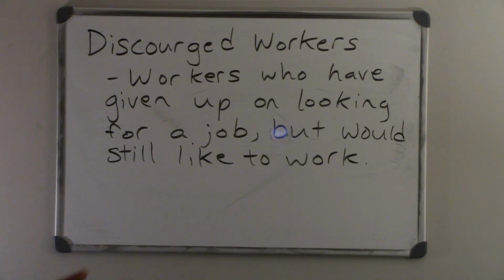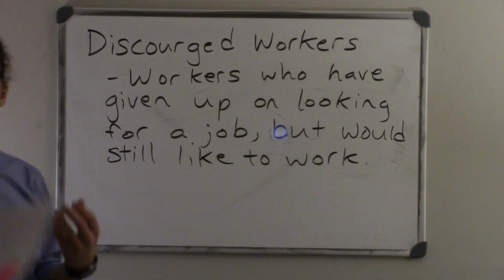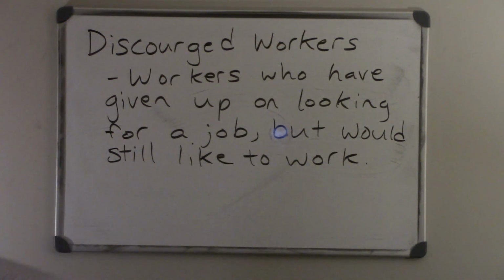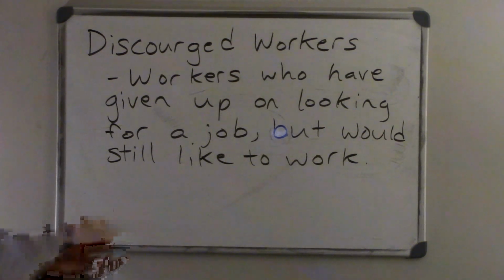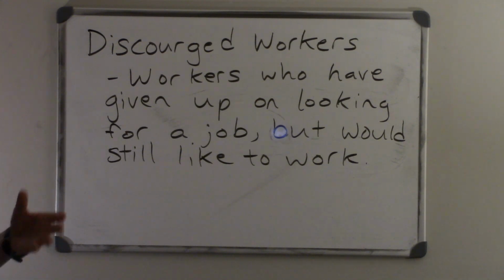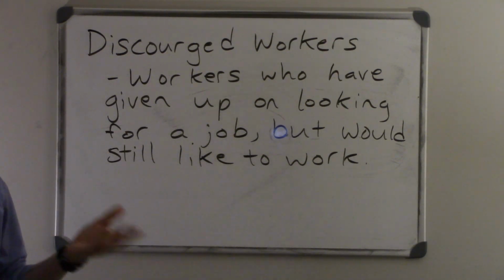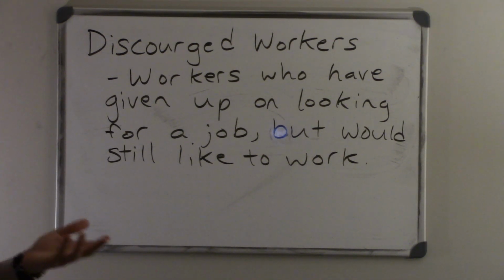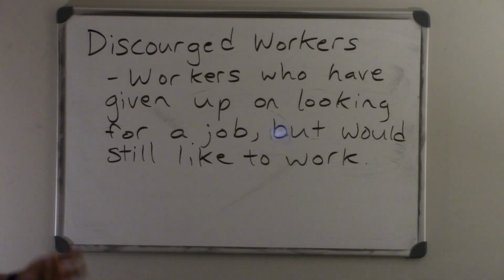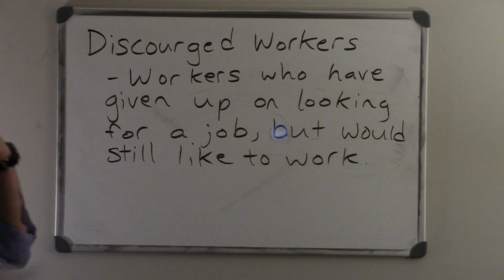The idea of discouraged workers became very apparent during the recession. There was a very long period of high unemployment, skirting around the 10% mark, and so there were many people who looked for work and spent months and months or years out of a job and just gave up.